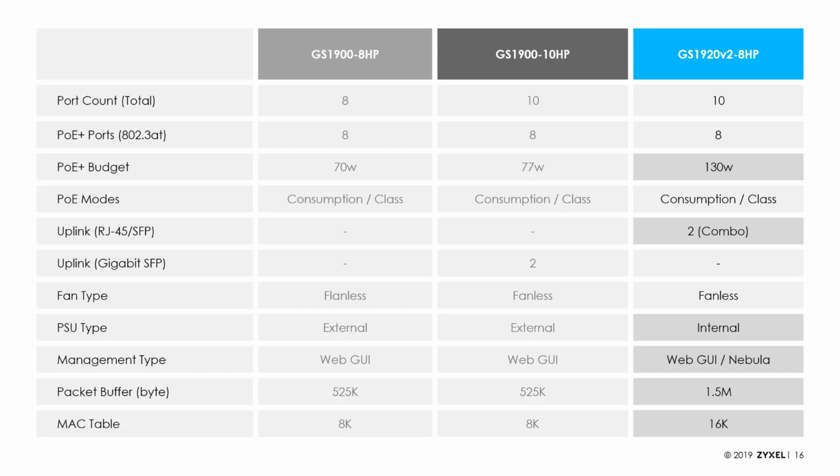We have a much greater packet buffer and MAC table, which is important as you scale out into bigger environments or have more device density. Also, you can see that the GS1920v2 has a built-in power supply, so no external power block required. You just use a normal lead to go directly into the back of the unit.